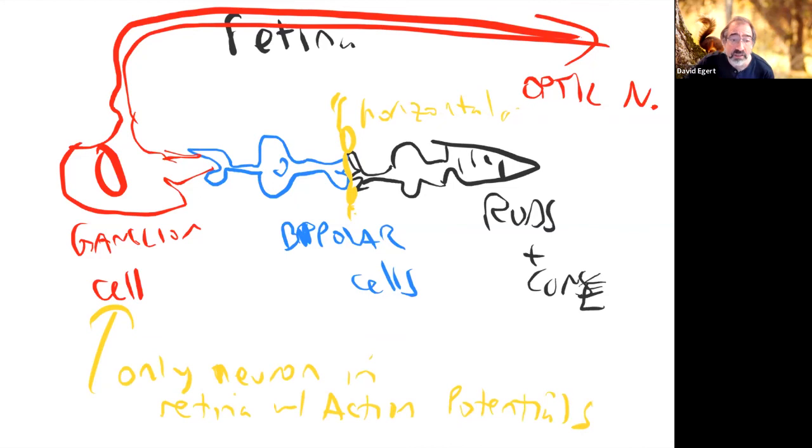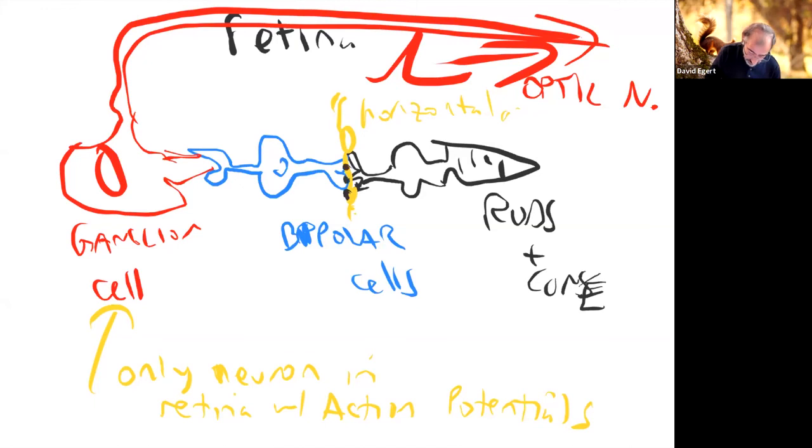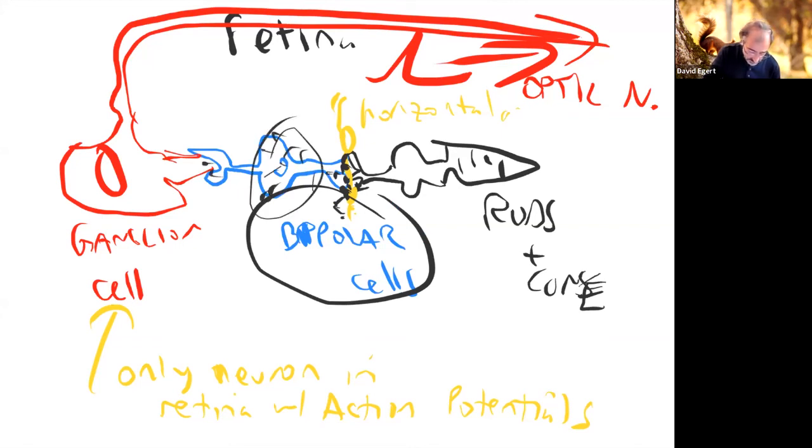So all of the electrical activity is about voltages going up and down and becoming more or less positive, releasing more or less neurotransmitter. But it isn't until you get to the ganglion cells that you actually have an action potential which goes off to the brain. So these rods and cones are releasing glutamate, which is binding receptors on the bipolar cells, which then changes the voltage, and that's more or less neurotransmitter over here.